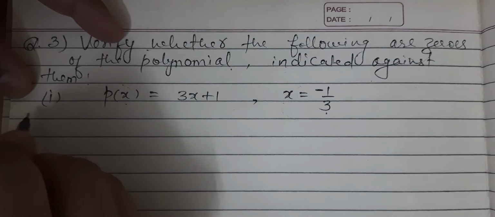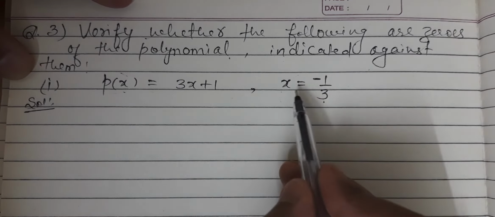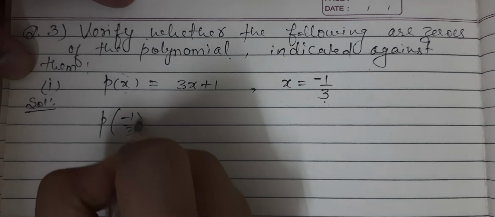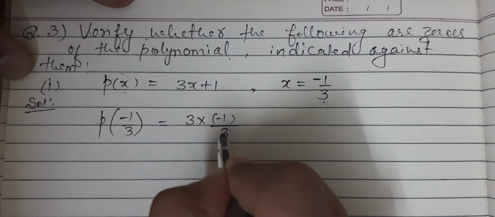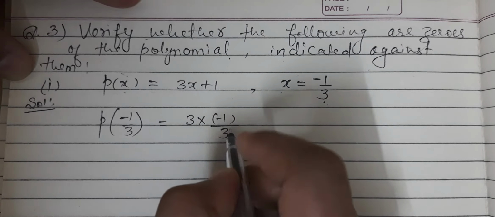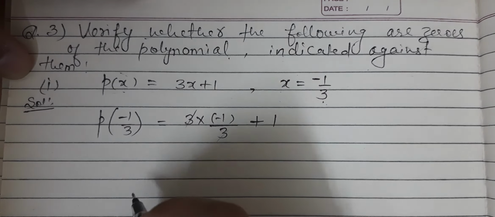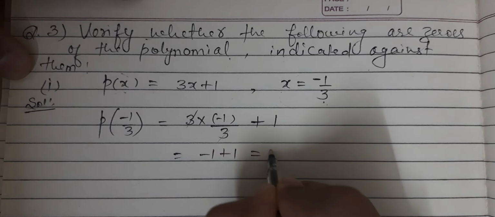Okay. So let us solve. So in the solution what we will do? We'll put x equals to minus 1 by 3. So 3 multiplied by minus 1 by 3. Whenever you put a minus sign, put a bracket. I'm telling you again and again. This 3 and this 3 will cancel out. So we'll get minus 1 plus 1, which is equal to 0.